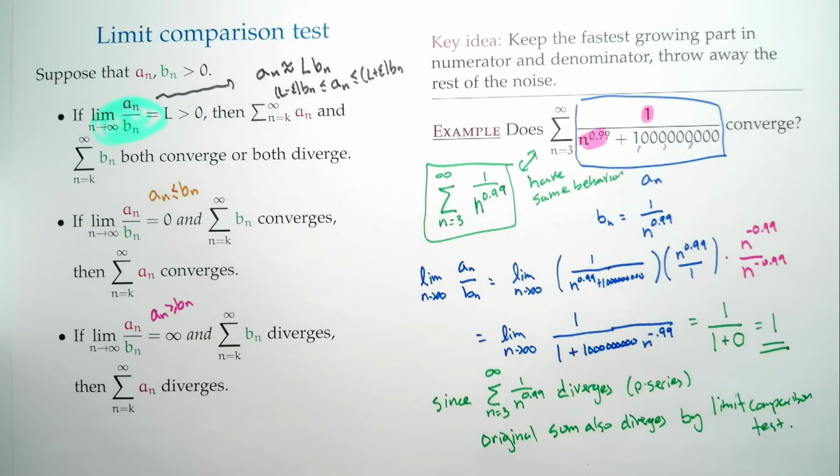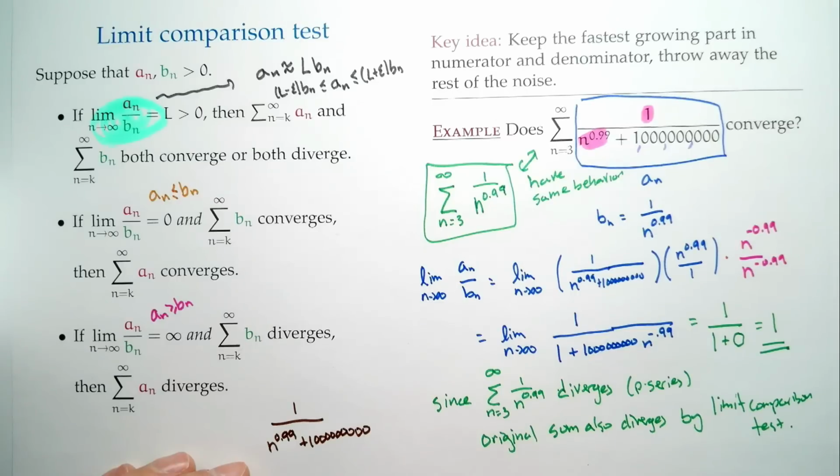Now you might wonder, hey, could we have used a normal comparison test? And in essence, yes, but in practice, why? Well, here's the challenge. What would we compare it to? See, if we want to compare it to something, we would say, well, look, we think it's going to diverge. Why? Well, because we actually know it's going to diverge, right?